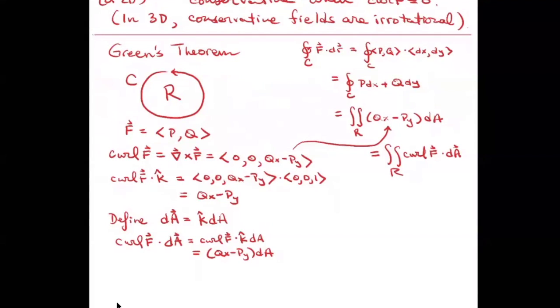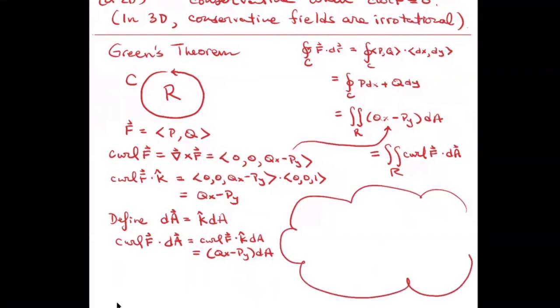And this is a very important theorem in calculus. It leads us to this statement. This is a two-dimensional Stokes' theorem. There will be a three-dimensional version that's almost identical to this.